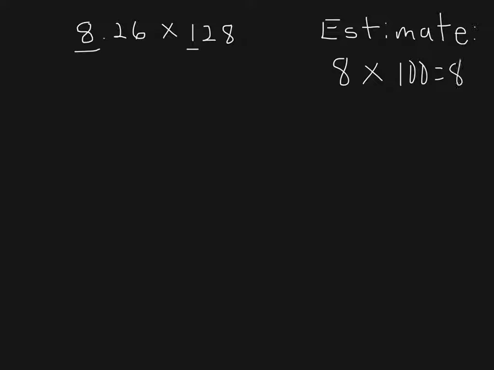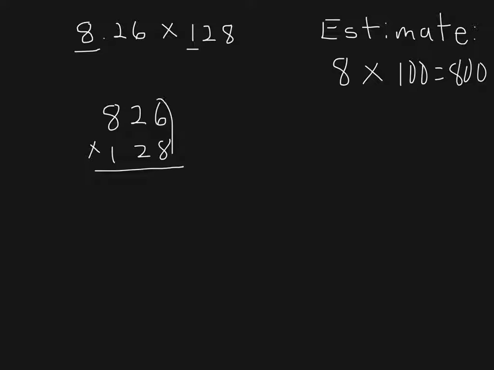And that's going to be pretty easy to multiply. 800 is my estimate. Now I'm going to forget about the decimals and take 826 and multiply it by 128 over here.